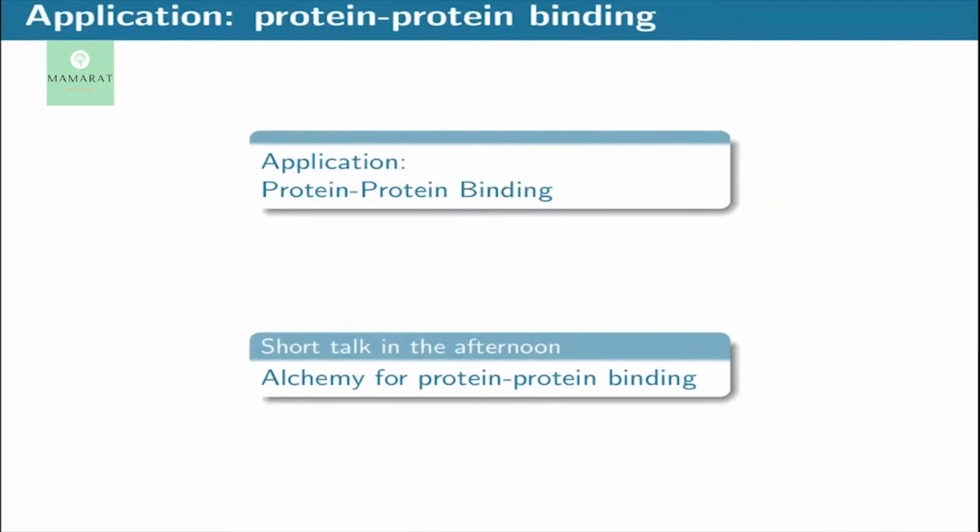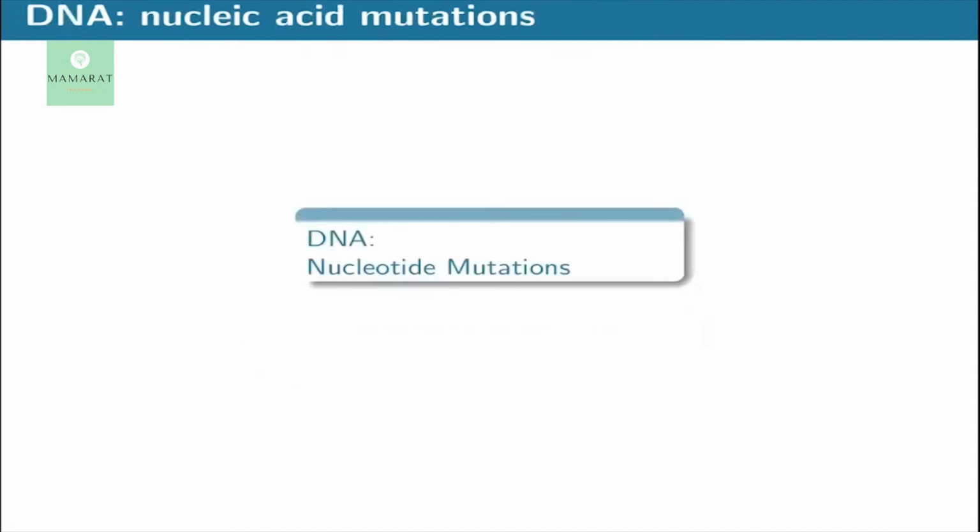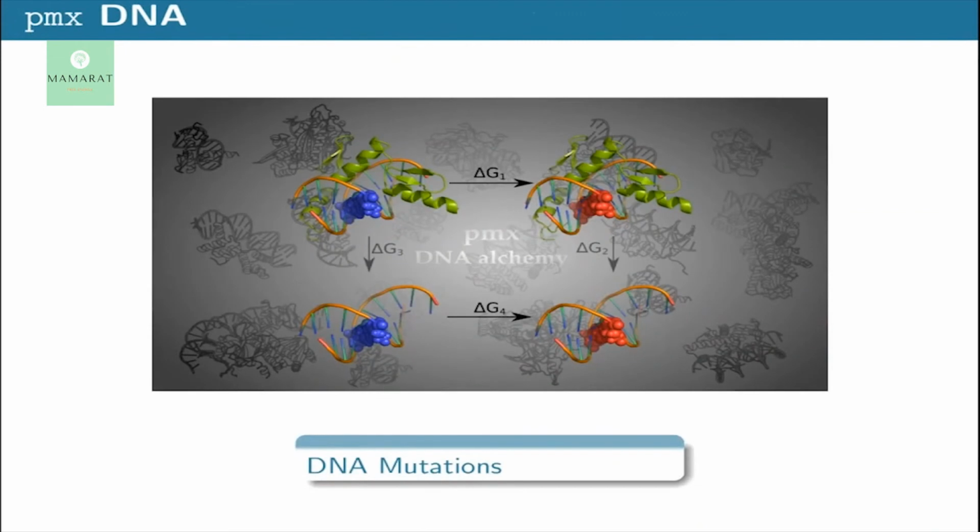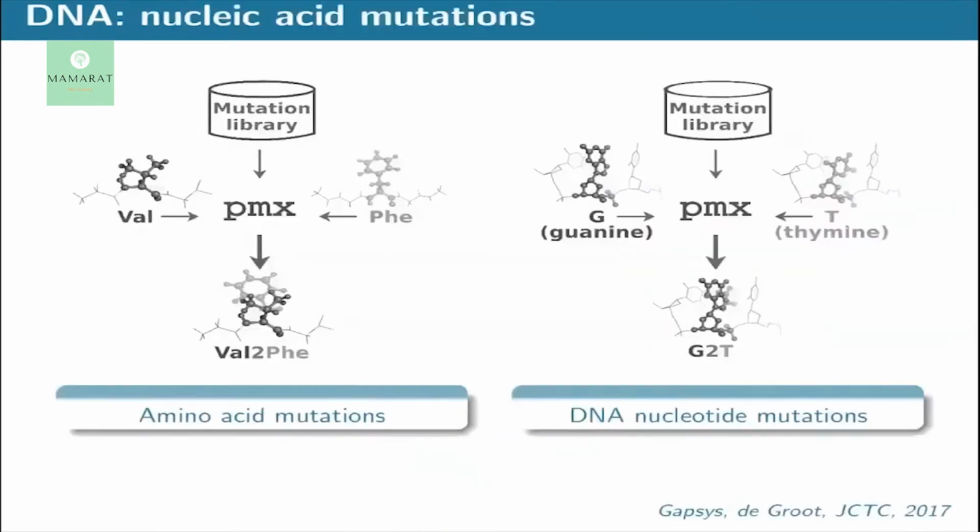However, for this particular topic, I would like to go into a bit more detail in the short talk that is scheduled for the afternoon. And currently, I would like to already switch to the DNA nucleic acid mutations. So, in this case, we will be mutating DNA and looking at the thermodynamic cycles as visualized here. I will come back to this in a few minutes.